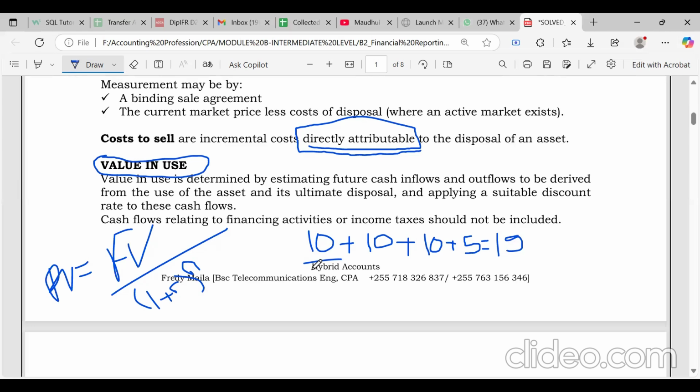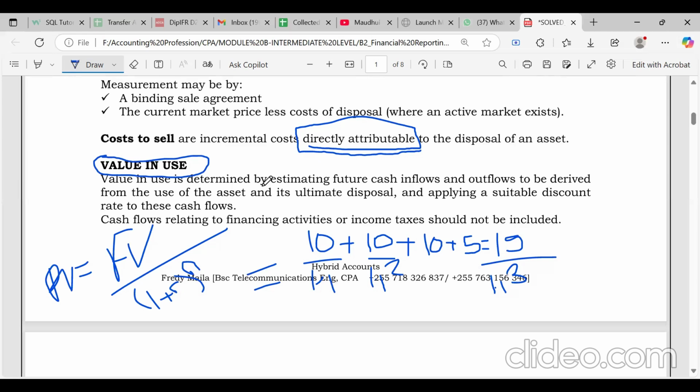So for the first year, I would say 10 over 1.1. For the second year, I would say 10 over 1.1 squared. And for the third year, I would say it's 15 over 1.1 to the power 3. And then I would have my value in use.